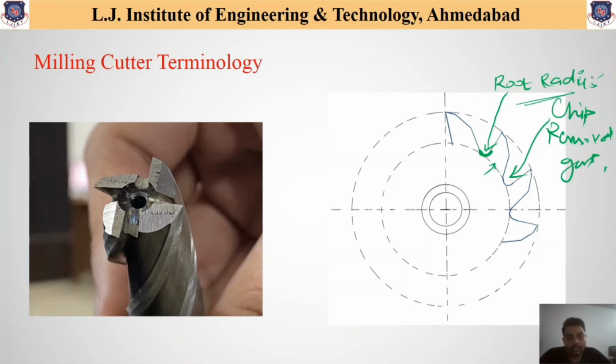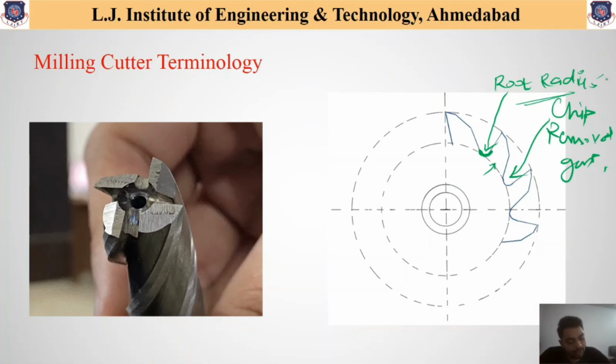So here we have seen two more parameters: the chip removal gap and the root radius. These are the major terminologies that are most important from a milling cutter point of view.